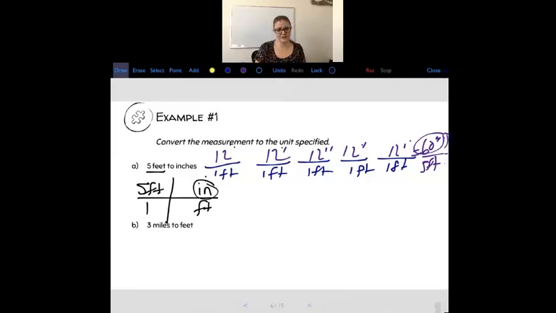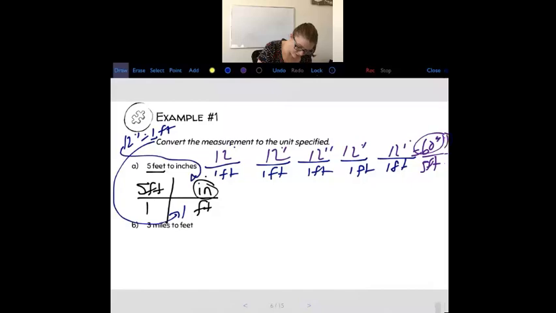Once you've set up this chart, you want to fill in what you know about the conversion factors. We know that 12 inches is 1 foot. So we would put the 1 with the feet and the 12 with the inches. Now this is essentially 5 over 1 times 12 over 1.